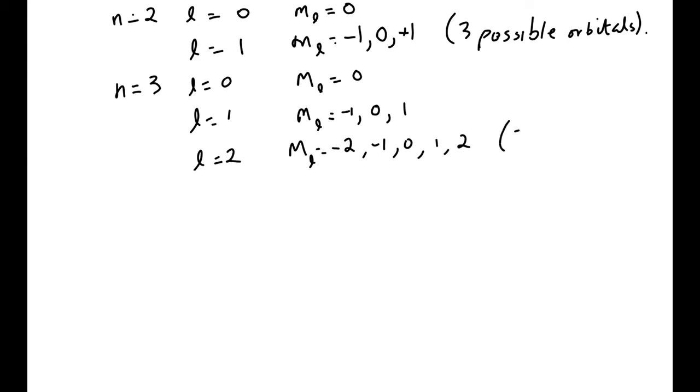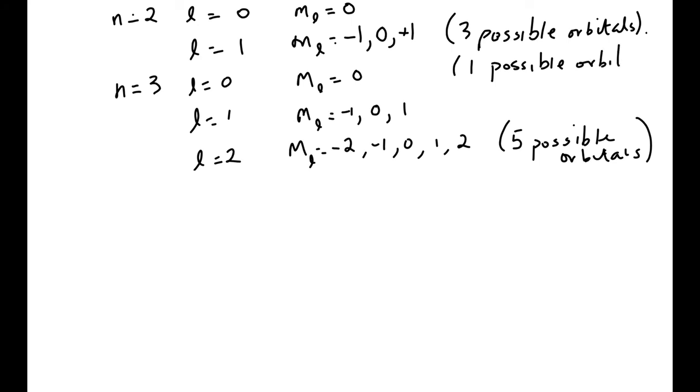So there are 5 possible orbitals if L is 2. There's only 1 possible orbital if L is 0, and there are 3 possible orbitals if L equals 1.